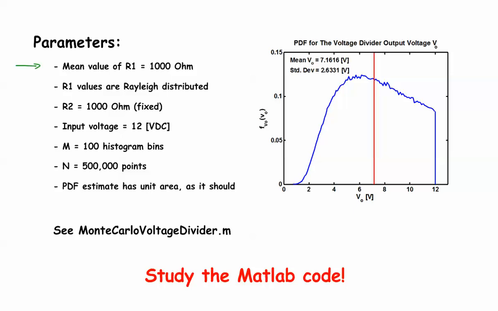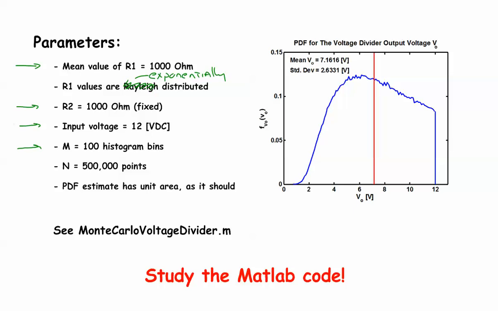The mean value of R1 is 1 kilo ohm, and I need to correct that. My R1 values are exponentially distributed, I beg your pardon. R2 is fixed at 1,000 ohms. Input is fixed at 12 volts.